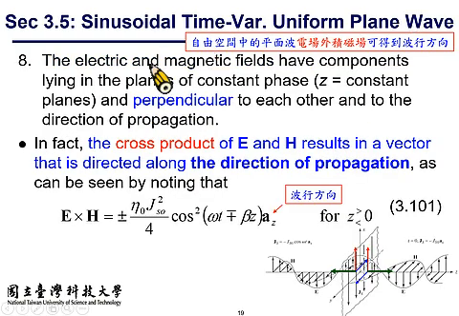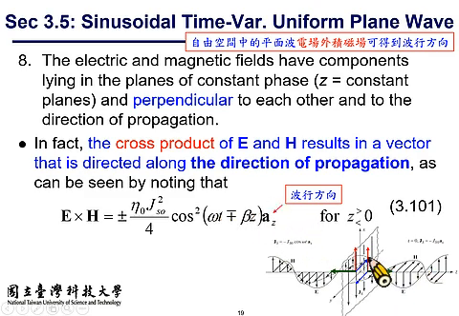And the last thing I'd like to mention is that the direction of wave propagation can be found using the right-hand screw. If you cross the electric field direction toward the magnetic field direction, you end up with the propagating direction. So if E is in the x direction and H is in the y direction, then the cross product E cross H is in the z direction.